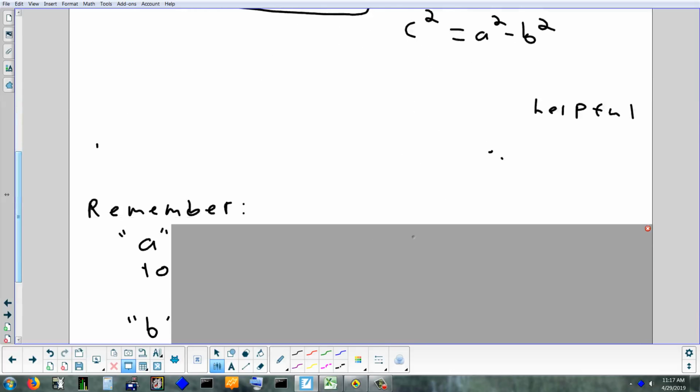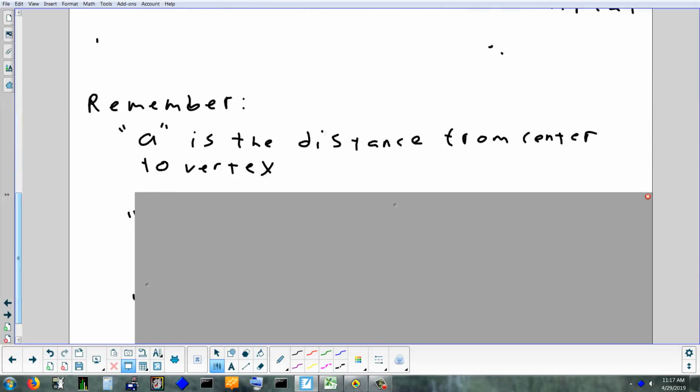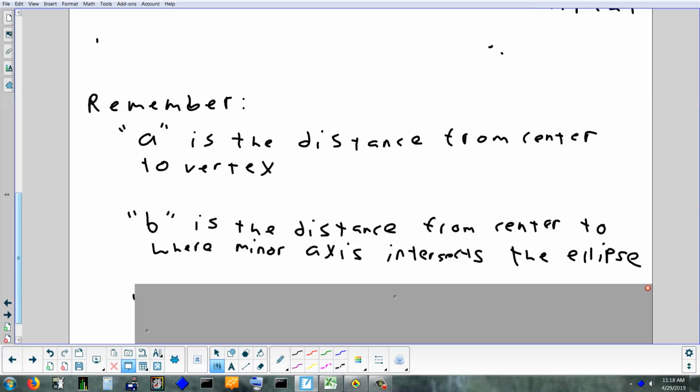Okay. So now, what are A, B, and C? A is the distance from the center to the vertex. B is the distance from the center to the minor axis.